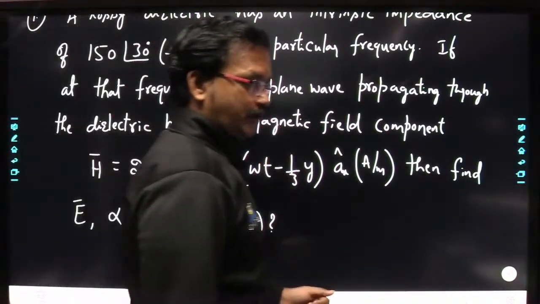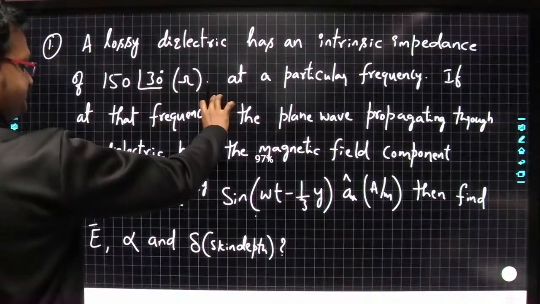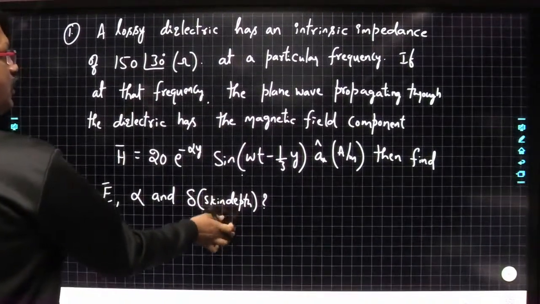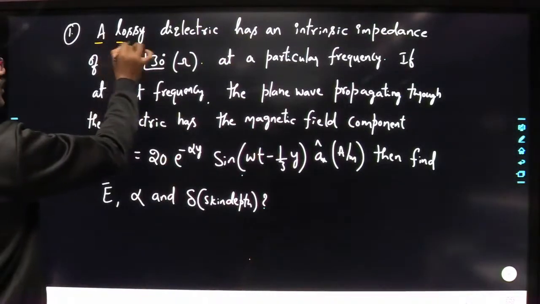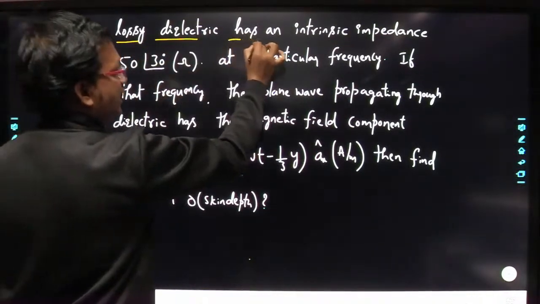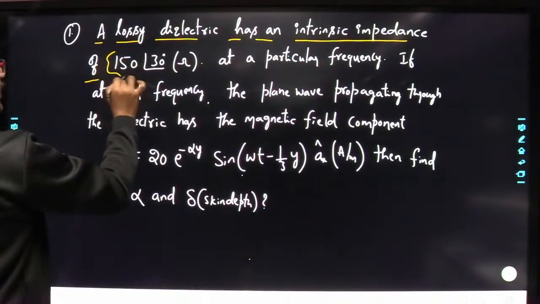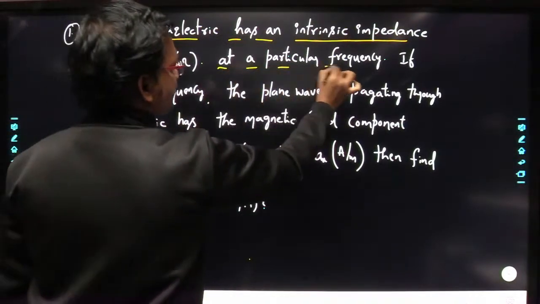So let us see what the question is asking. A lossy dielectric has an intrinsic impedance of 150 at an angle 30 degrees ohms at a particular frequency.